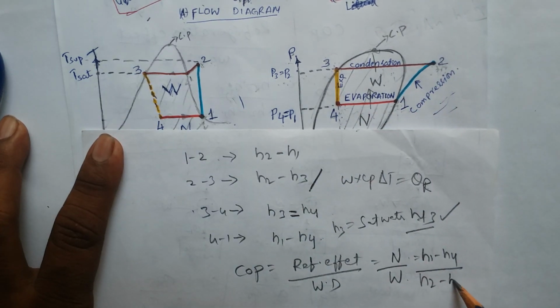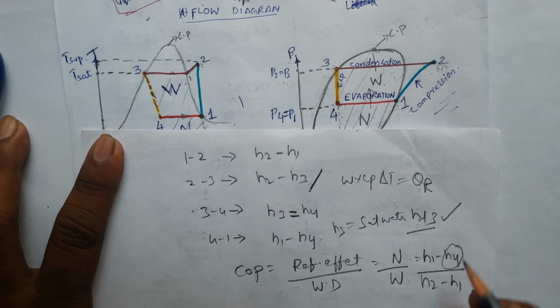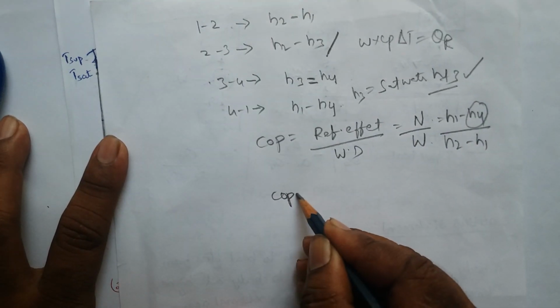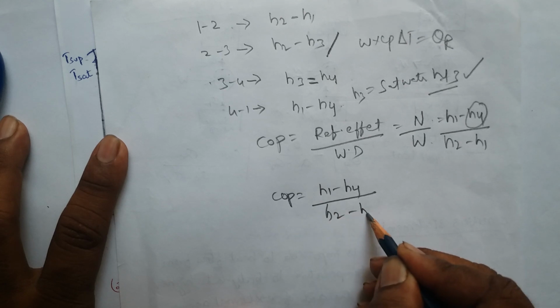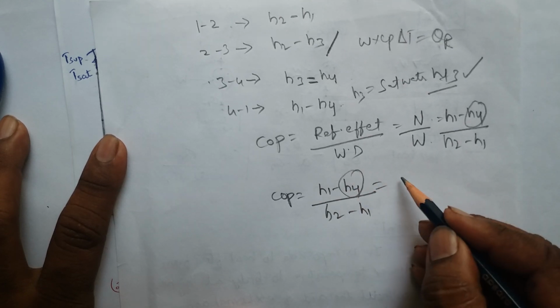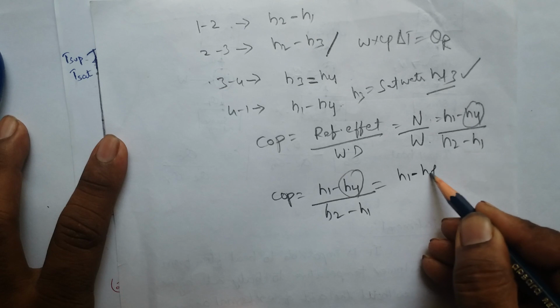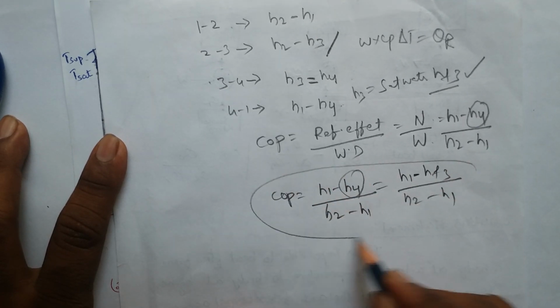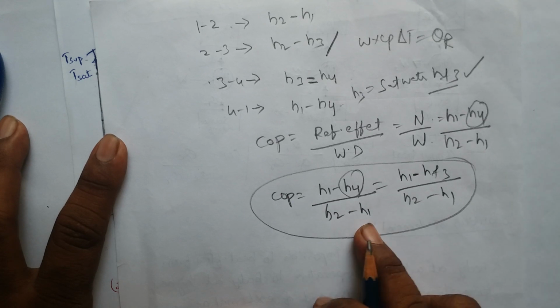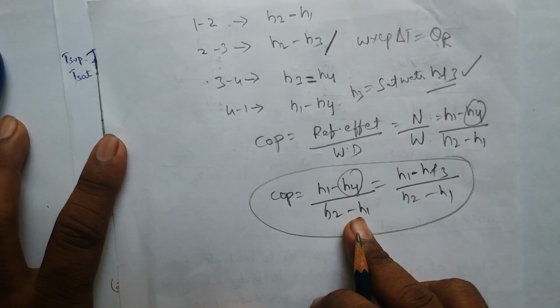So COP is equal to H1 minus H4 by H2 minus H1. In place of H4 we can write HF3, so COP is H1 minus HF3 by H2 minus H1. This is the COP of the vapor compression refrigeration system.